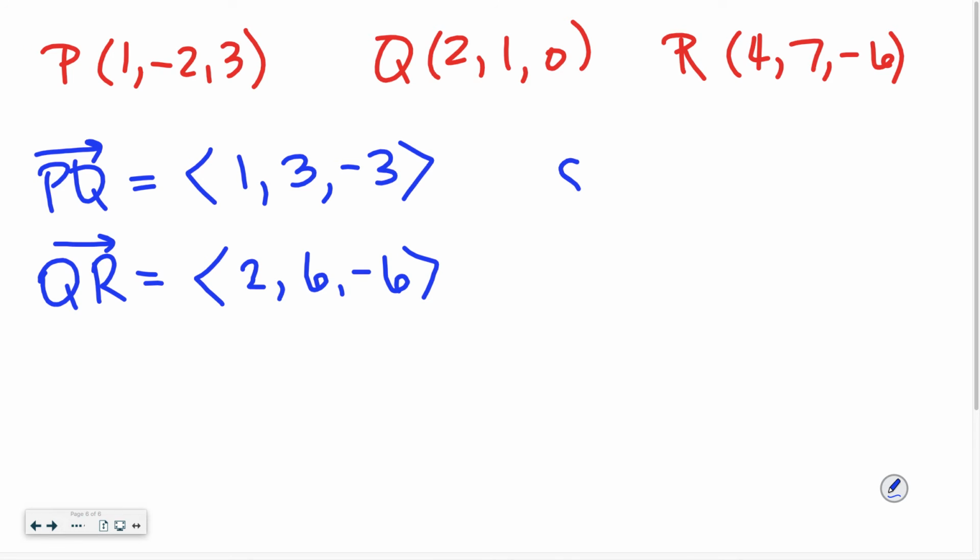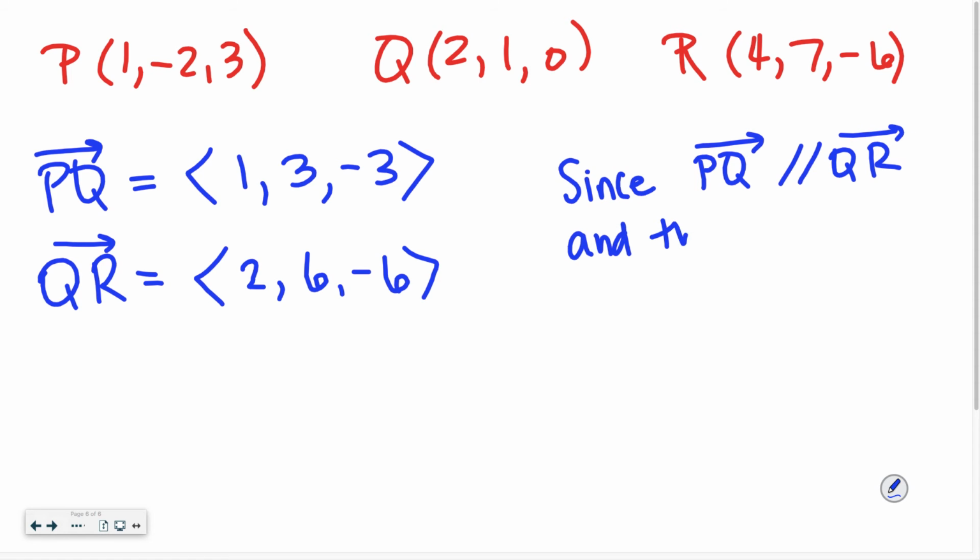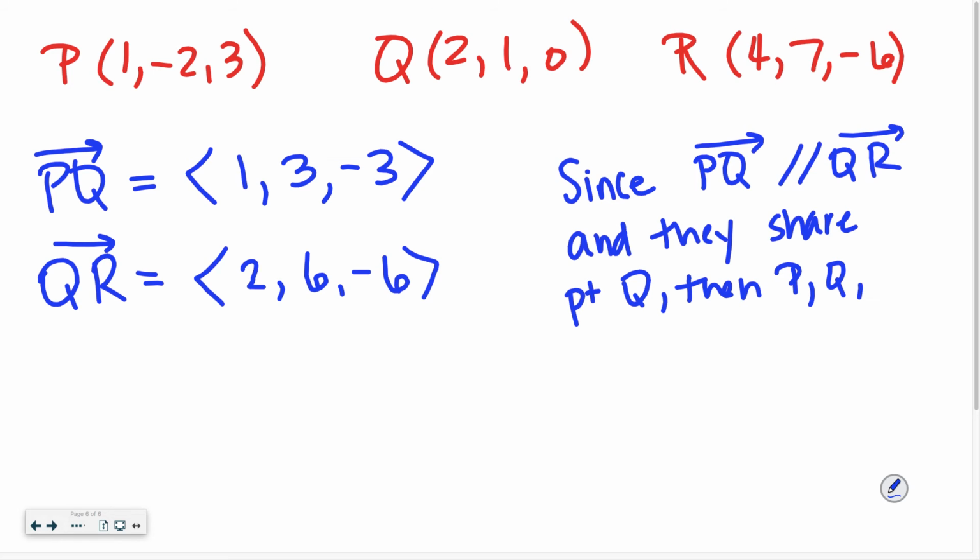And they share the point Q. Since PQ is parallel to QR and they share point Q, then P, Q, and R are collinear.